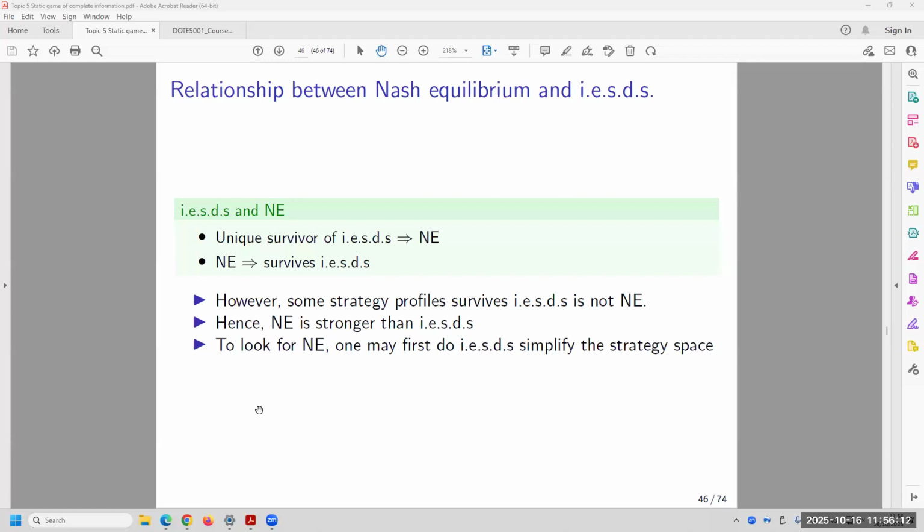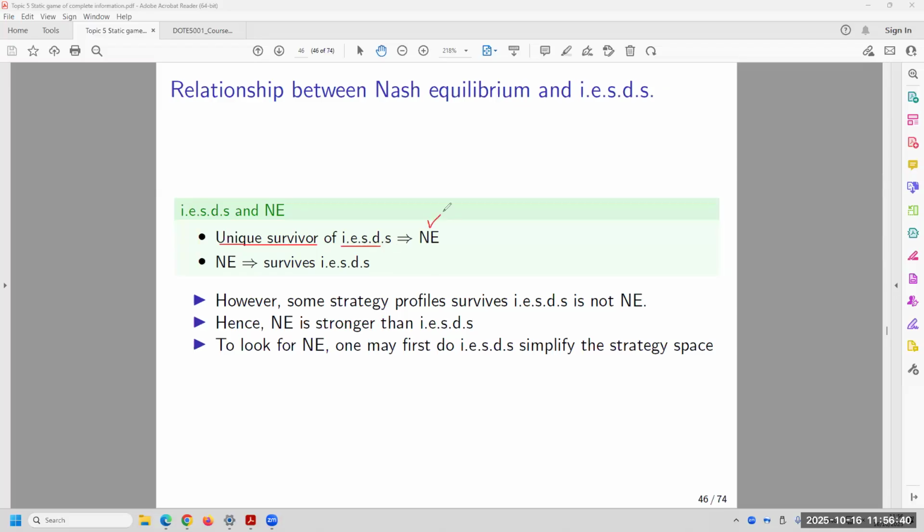Now, we mentioned two solution concepts. One is iterated elimination of strictly dominated strategies. The other is Nash equilibrium, and they are related in the following way. If only one strategy remains after the process, it must be a Nash equilibrium.